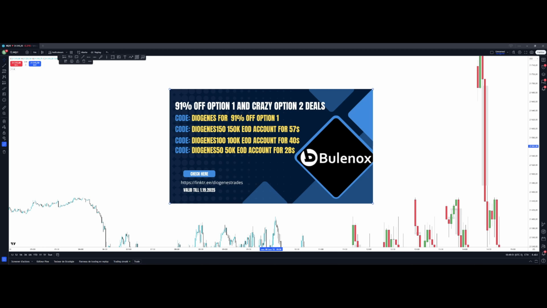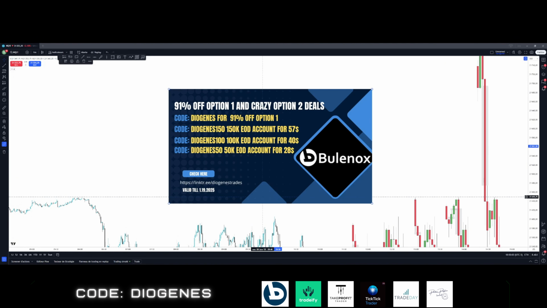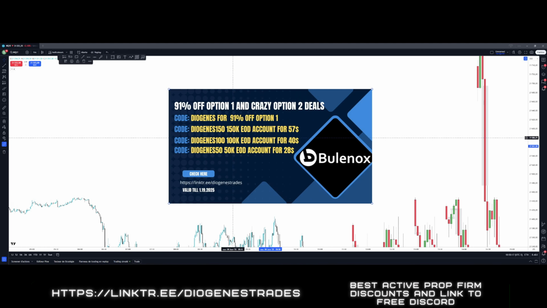I made some mistakes because I was trying to solve a screen issue for the recording. I closed one trade really prematurely, which ended up hitting TP. The account I used was this 50k option one account. I took it for 15 bucks and I tried to pass it. Did I succeed? I don't know. I will let you guys know.